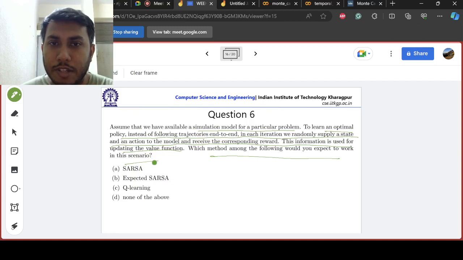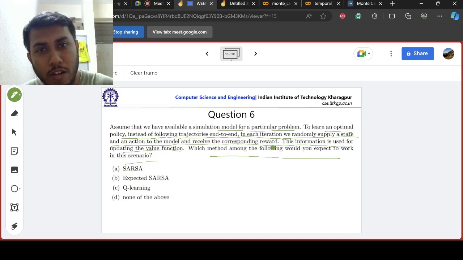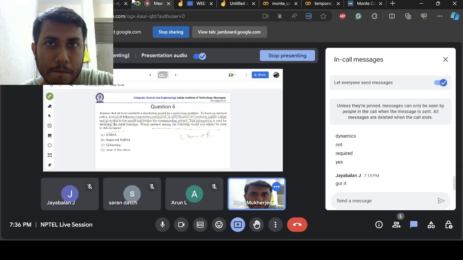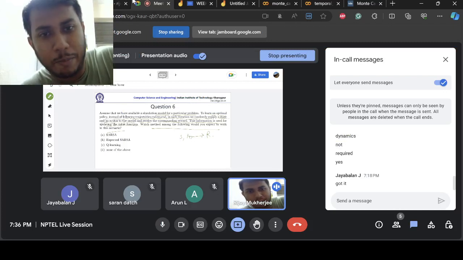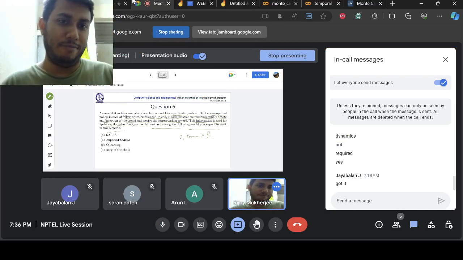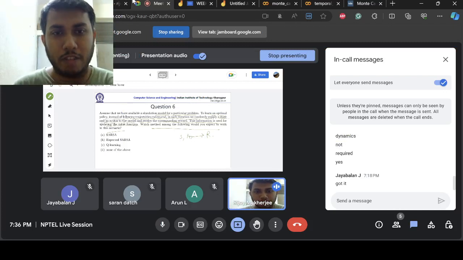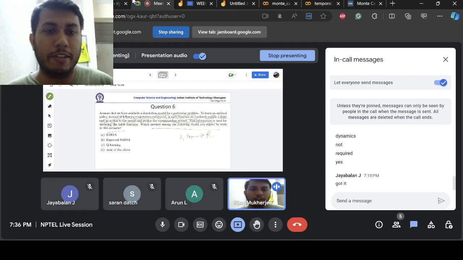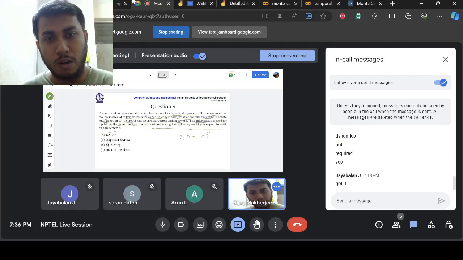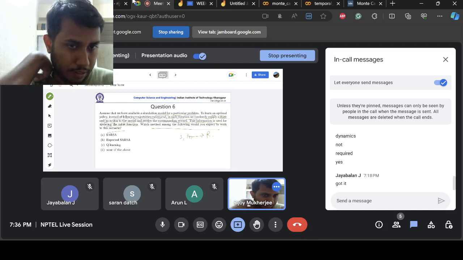So what is the simulation giving us? It is only giving us the reward. You give a state and an action, and it is giving us a reward. Does an MDP do that? What is the function of an MDP? You have a state and action, you give a reward, and you also get a new state. Right?